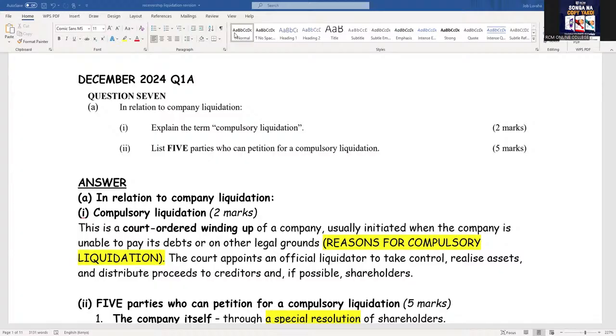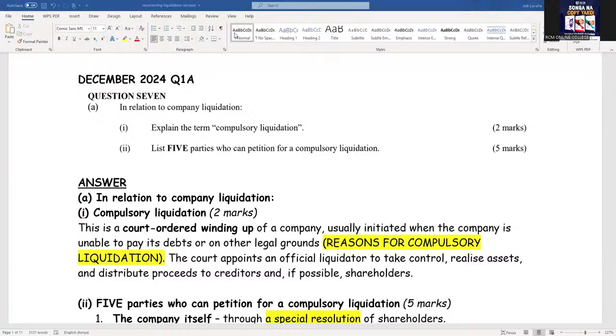If the company is involved in fraudulent activities or illegal business, if there's a failure of the objects or the substratum, so the main reason the company was formed has not been met. That can be amongst the just and equitable reasons. If it's carrying out illegal activities.